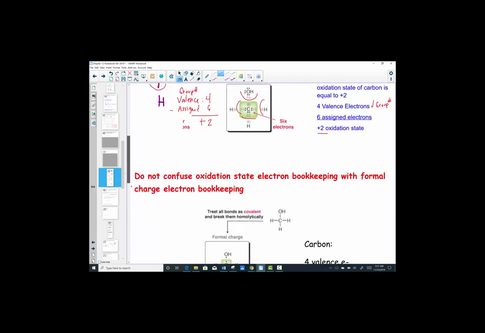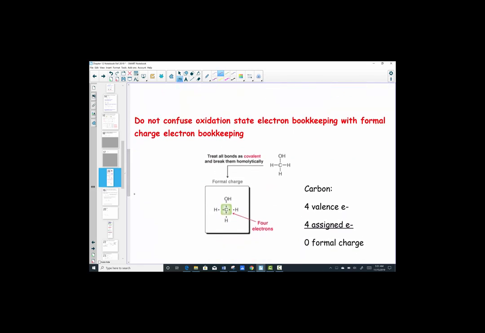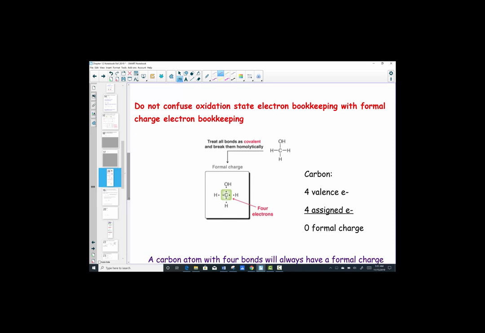Now let's compare that to how we would assign formal charge. With formal charge, we break those bonds very differently. We break those bonds homolytically. In other words, one electron in a shared pair goes to each of those atoms.